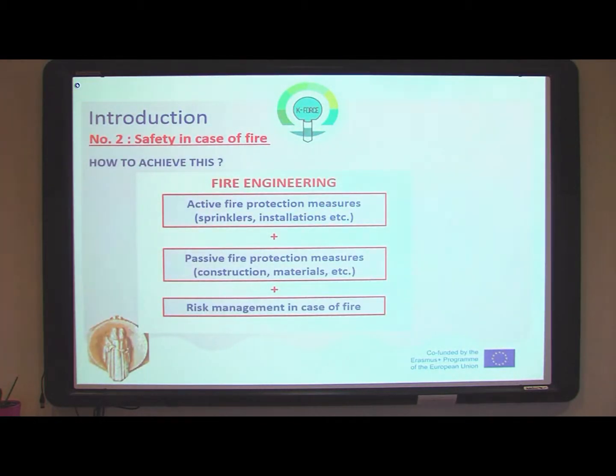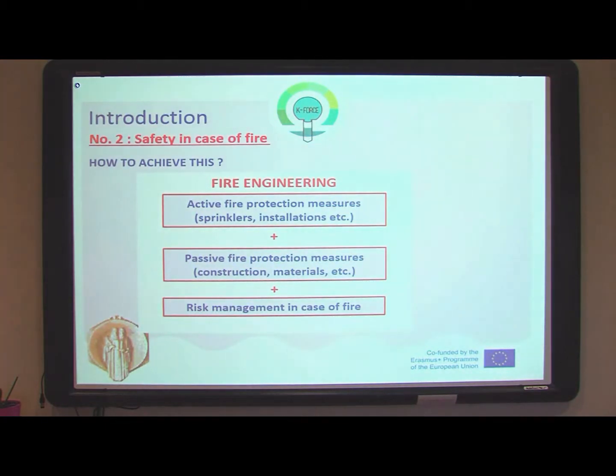Achievement of all these requirements is possible by active fire protection measures, by using alarm systems, sprinklers, installations for distinguishing the fire, etc. By passive fire protection measures, that means by using appropriate structural systems, appropriate materials, etc., and by risk management in case of fire.